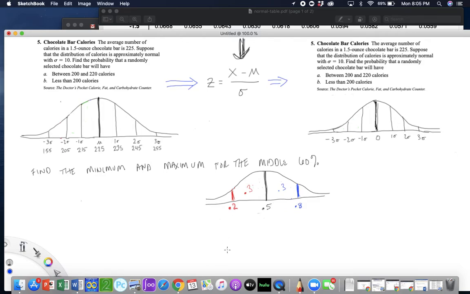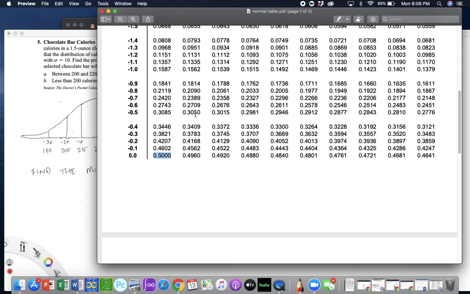This is 0.2. Now I'm going to switch it up into two different problems. I got the 0.2. I'm going to go to my z-table and try to find what z-score would produce 0.2 as the probability. I'm going to find the closest thing to 0.2, getting close, and I notice right here 0.2005.